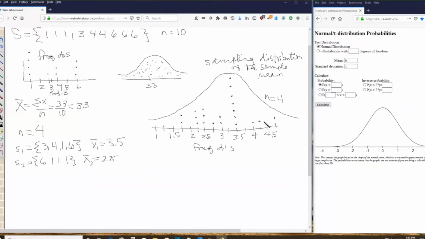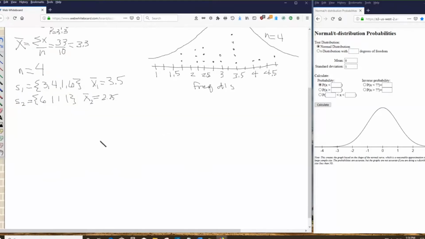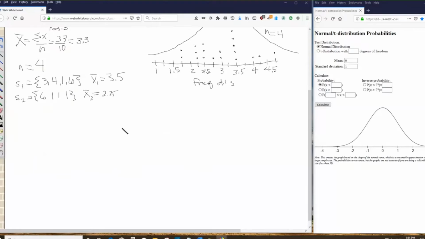So now let's look at what the formulas are and how we use this with a problem. The central limit theorem for the sample mean has the following formulas.